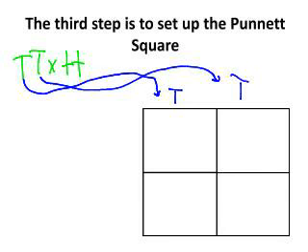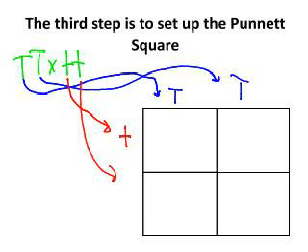So the father's alleles, capital T, get written above the columns. The mother's alleles get written down the left side, so that her first allele is lowercase t. Her second allele is still lowercase t.